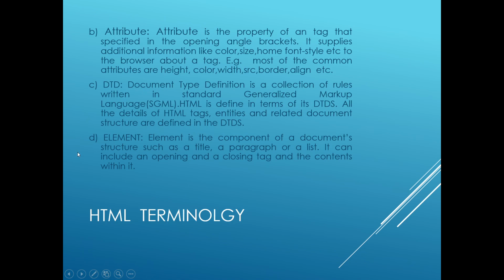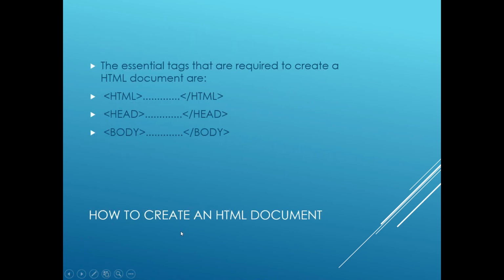And the last terminology is element. An element is a component of a document's structure, such as a title, a paragraph, or a list. It can include an opening and a closing tag and the contents within it. Let's move forward. Now it's time to discuss how to create an HTML document.